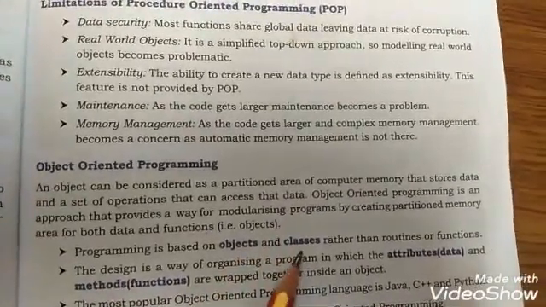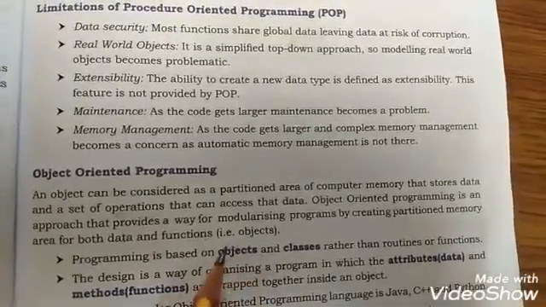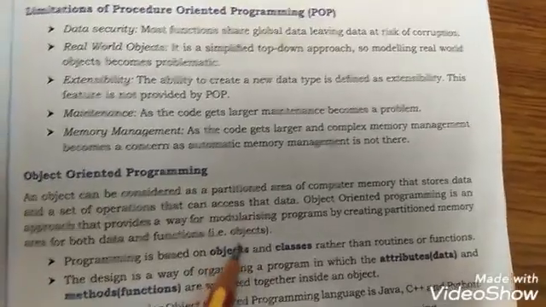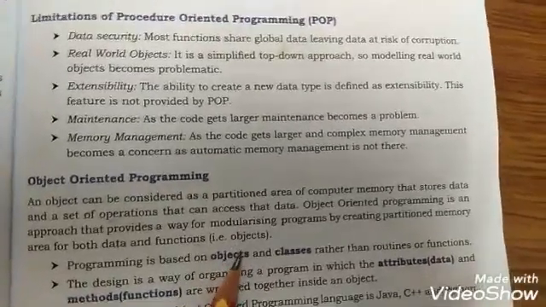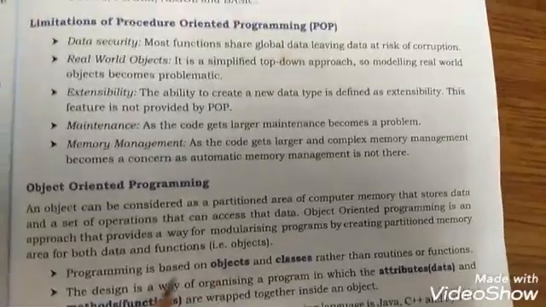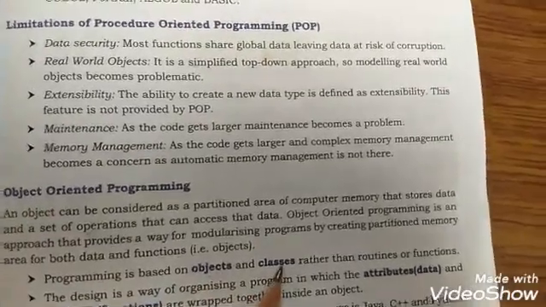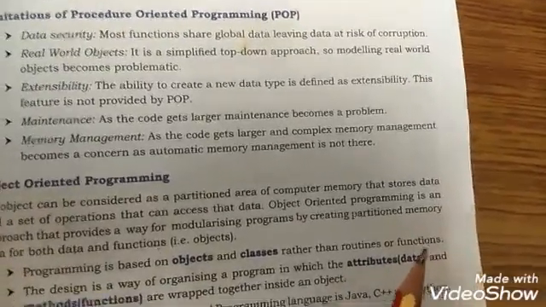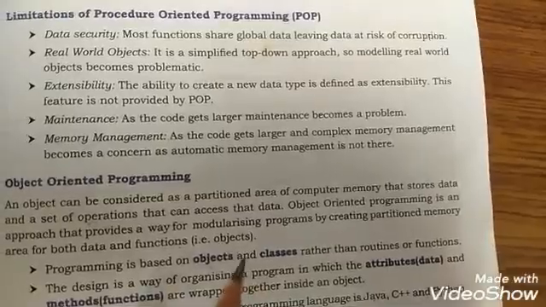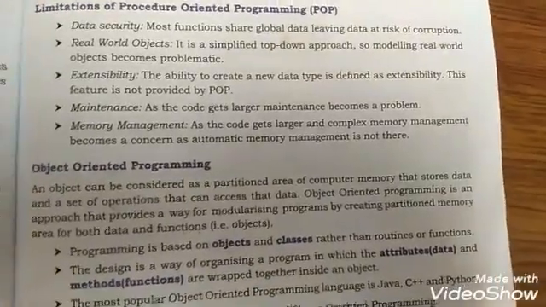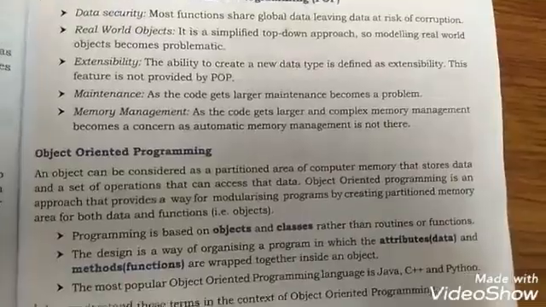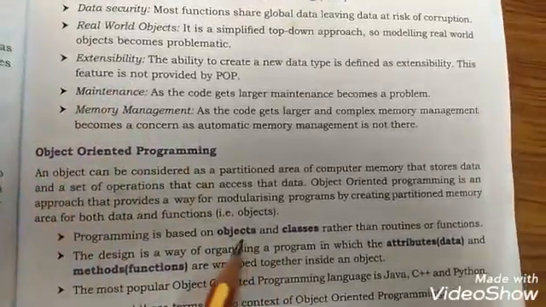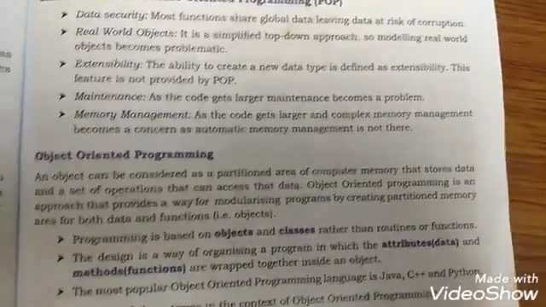So in Java, you're going to write programs that are completely based on classes and objects. That's why we call it object oriented programming. So we give more importance to objects and classes rather than routines or functions. Previously in procedure oriented programming, we were giving more stress on procedures or routines, whereas in object oriented programming, we give more importance to objects and classes.